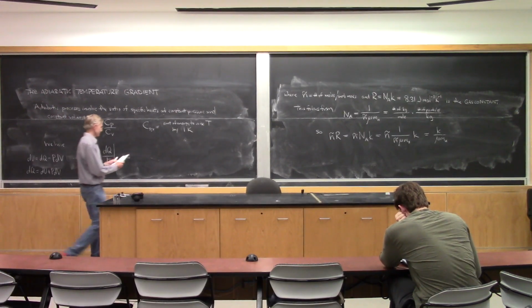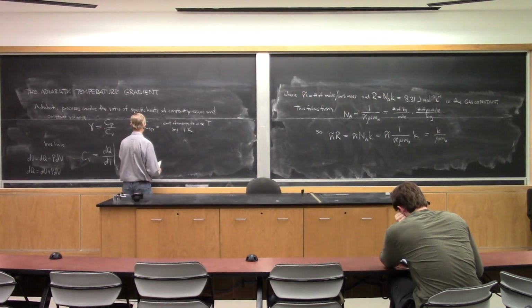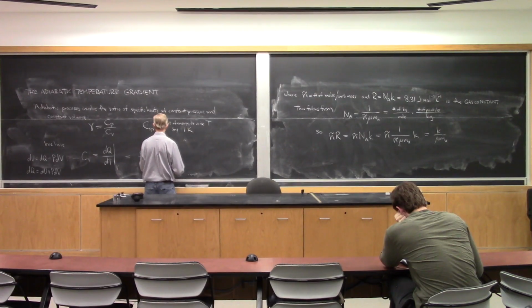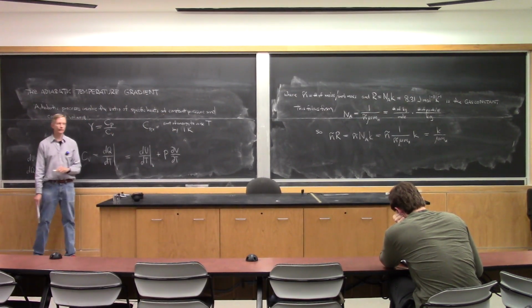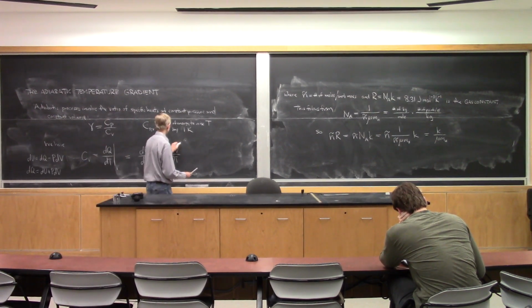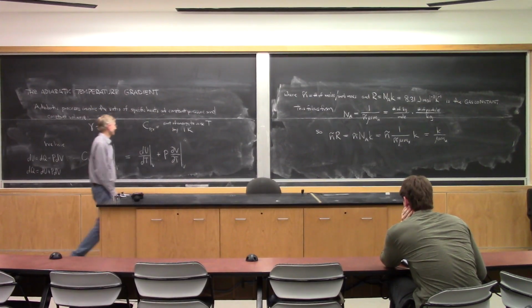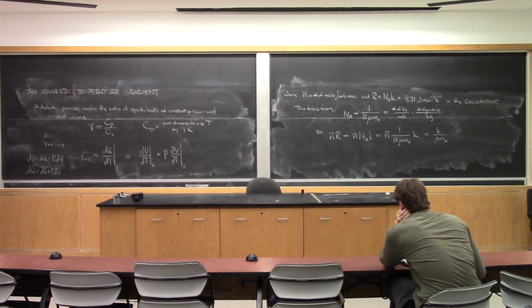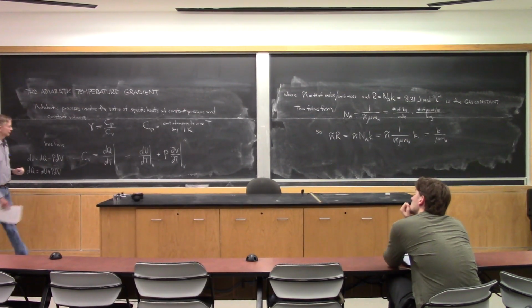So this is the partial derivative of u with respect to T at constant volume, plus P times the partial derivative of V with respect to T. Volume depends on more than temperature, so we're calling it a partial derivative at constant volume. So I've replaced dq with du plus PdV, and these manipulations may not be familiar to you. They will become familiar because we're doing them here.